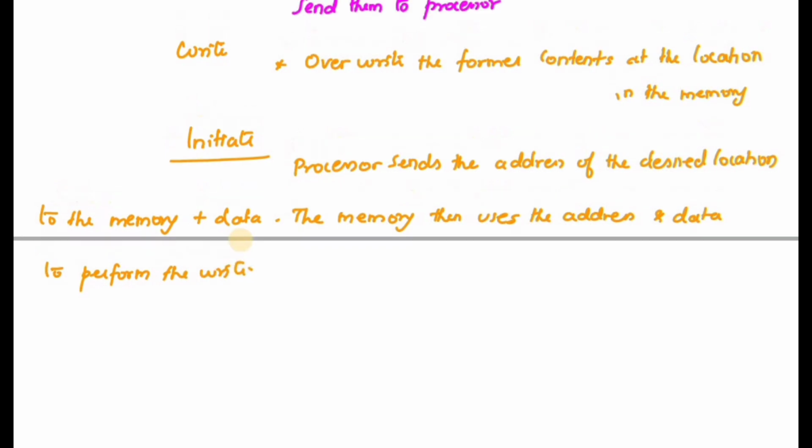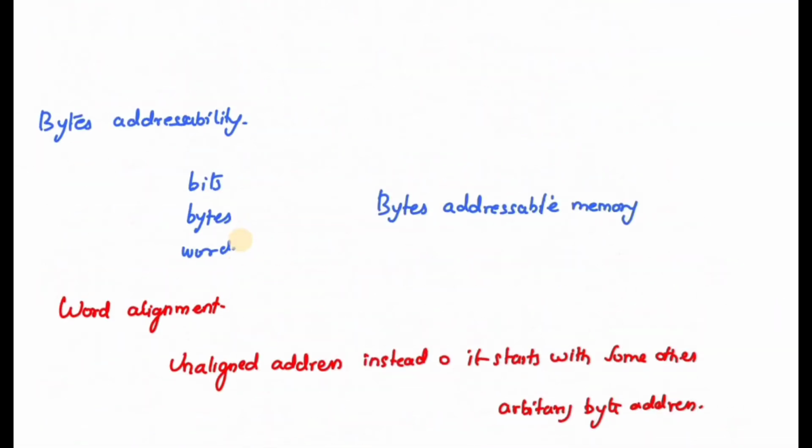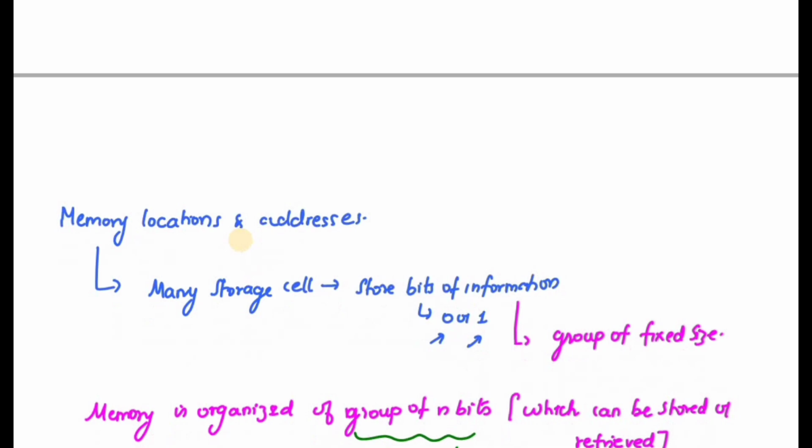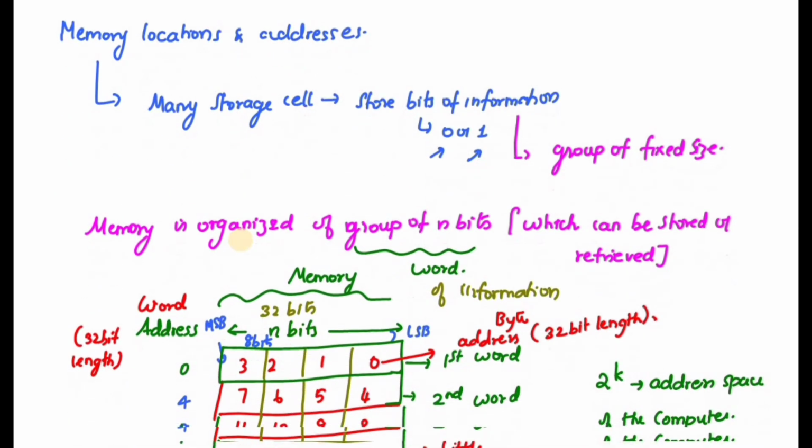So far we have studied about memory locations and addresses. The memory is used in order to store the data. It will store the data in terms of bits, which are zeros and ones. Since a bit contains very little information, bits have to be in groups of fixed size.